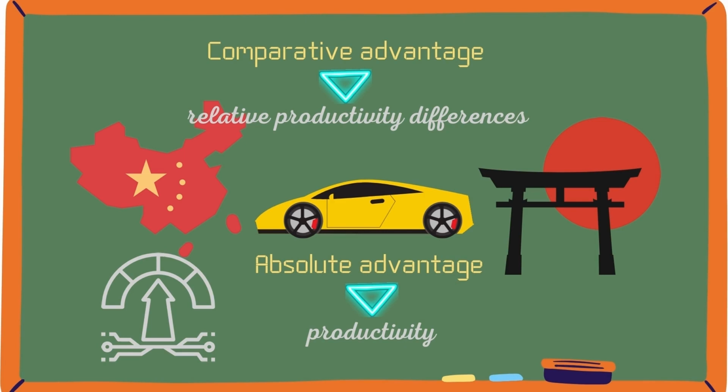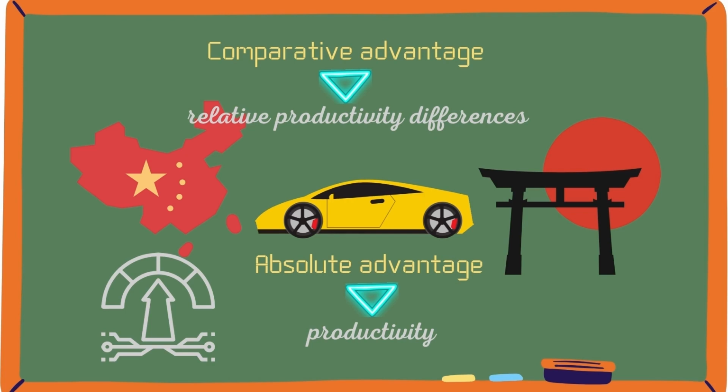To answer this challenge, David Ricardo, an English economist, introduced the theory of comparative advantage in 1817. Ricardo reasoned that even if country A had the absolute advantage in the production of both products, specialization and trade could still occur between two countries.